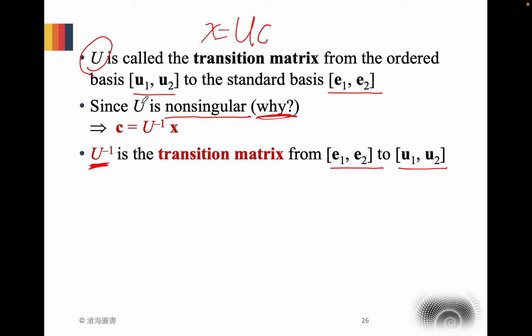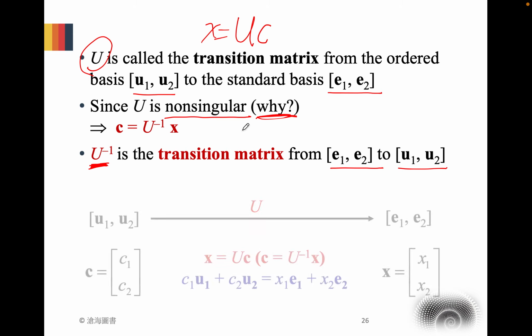Right? So this is a systematic way for us to transform the coordinate vectors with respect to the standard basis to the new basis. Or on the other hand, we can use this kind of transition matrix to transform the coordinate vector with respect to the older basis U1, U2 to the standard basis.